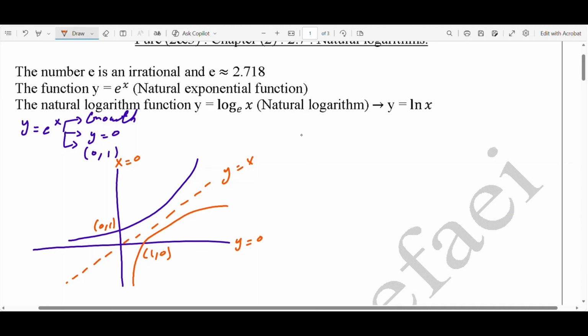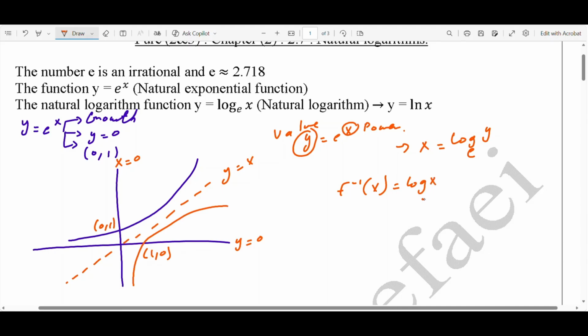Let's find the inverse of y equals e to the power x. I substitute x, the power, to get y, which is the value. So the inverse: x equals log base e of y. Because I'm talking about the inverse, f inverse of x equals log x to the base e.